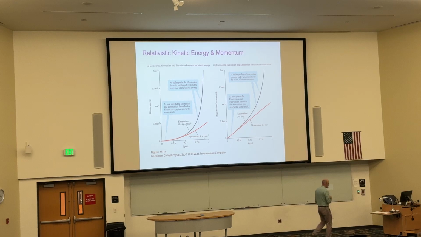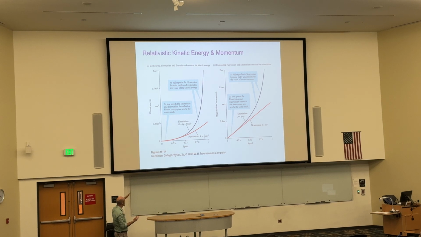We said that as v approaches c, then gamma approaches infinity, right? So in the case of kinetic energy, I'm approaching infinity minus 1 times mc squared. Have you ever asked, what's infinity minus 1? It's still infinity, basically.